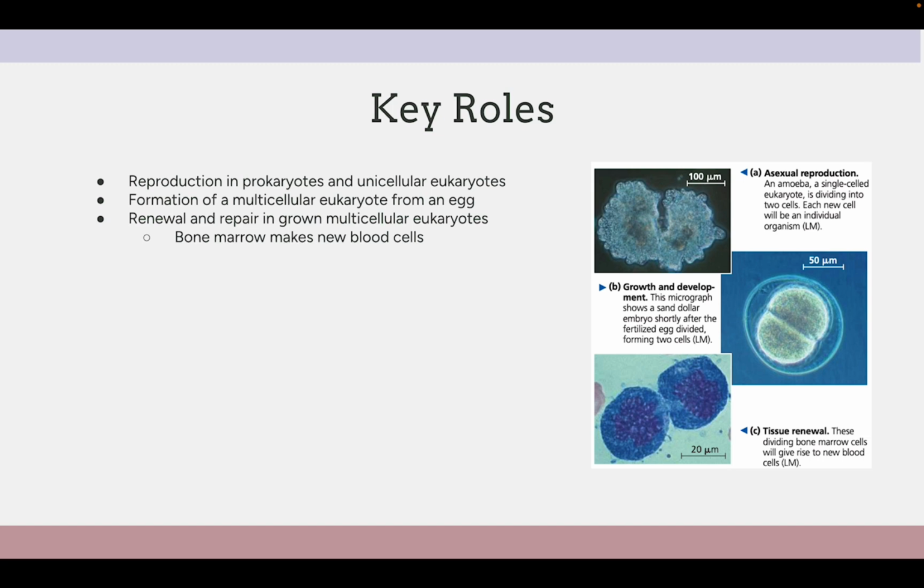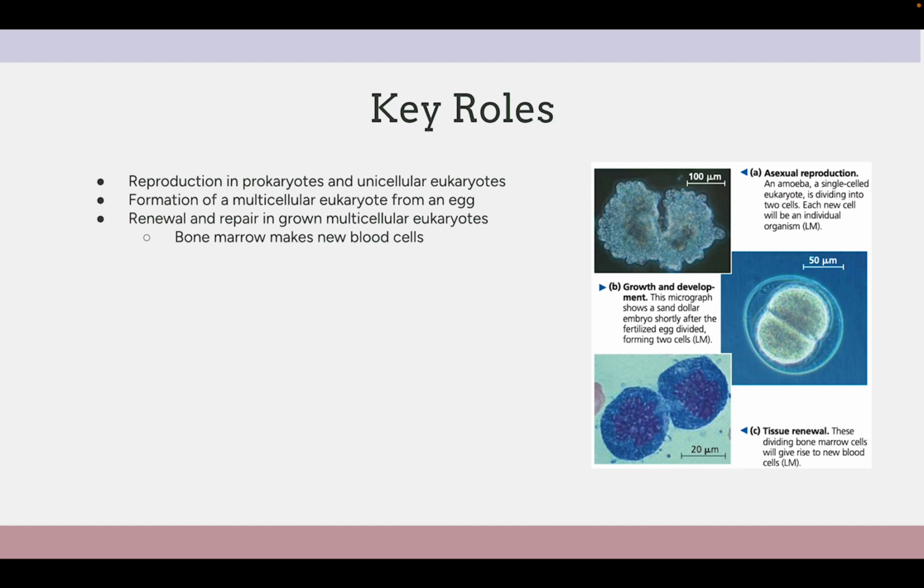And it also helps in the formation of a multicellular eukaryote from an egg. So this is how we came to be. This is how other animals and plants and whatnot came to be, right? So it grows us from one cell to as big as we are. And also it continually renews and repairs different areas in fully grown multicellular eukaryotes.